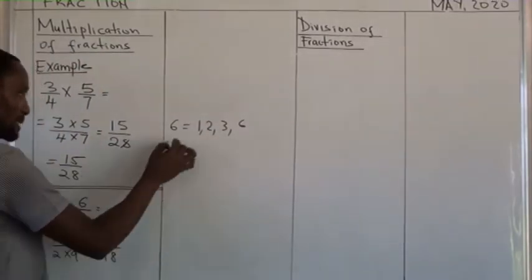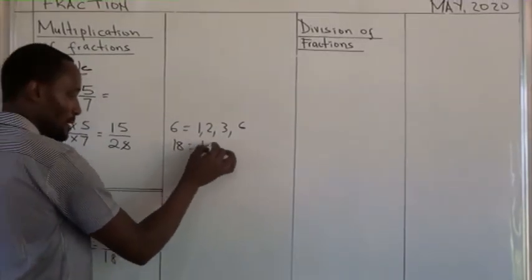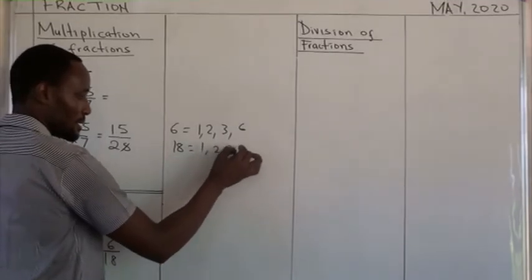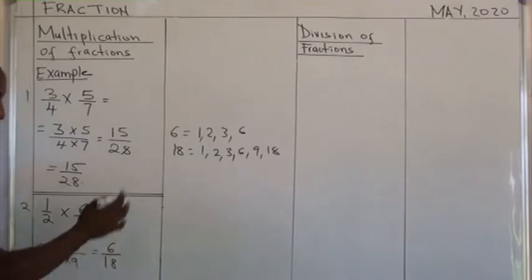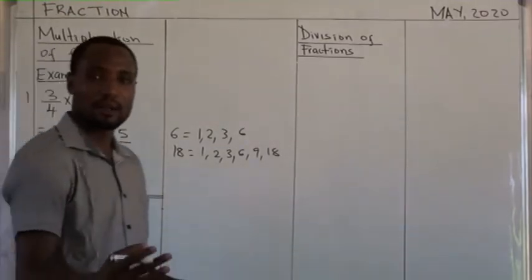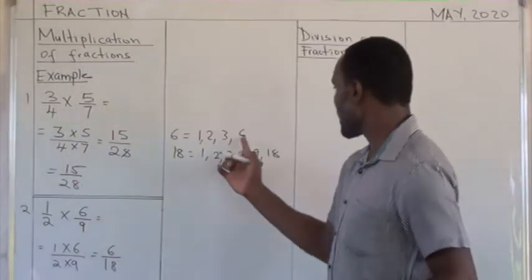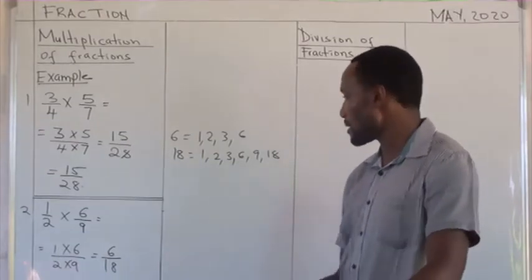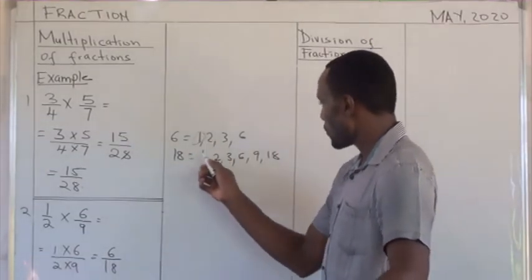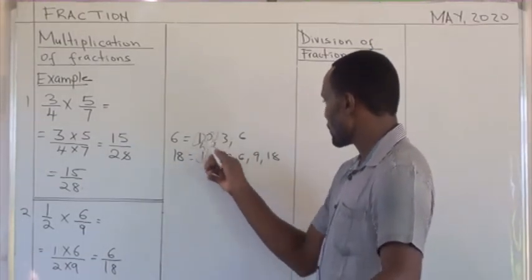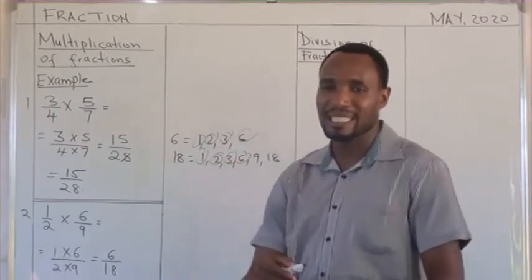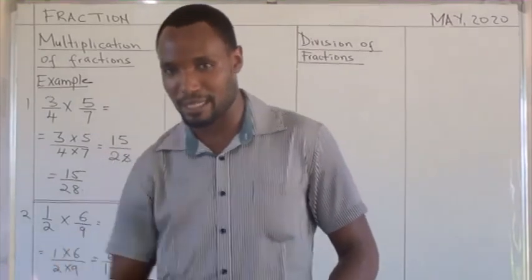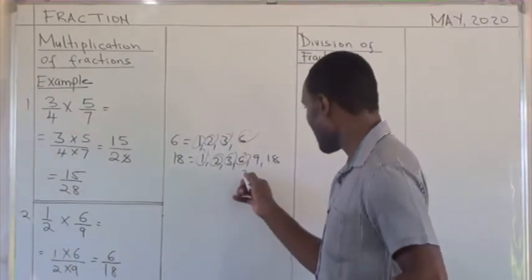Then the factors of 18 are 1, 2, 3, 6, 9, and 18 itself. Which ones are common factors between 6 and 18? We have 1, 2, 3, and 6. But which one is the highest common factor? The highest common factor is 6.